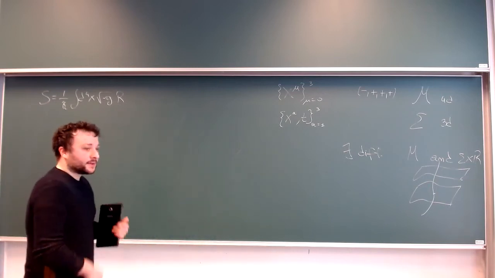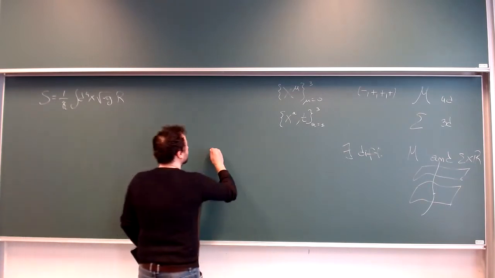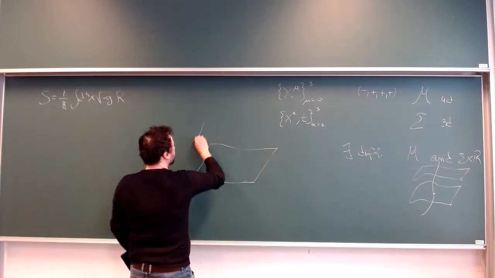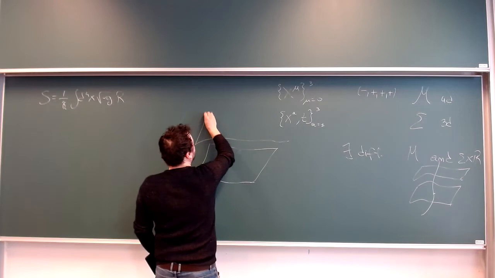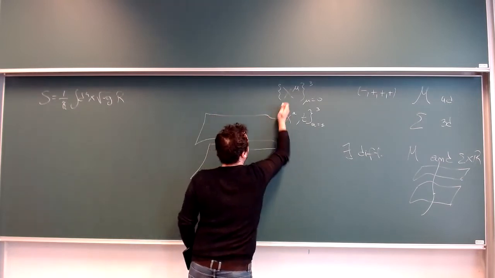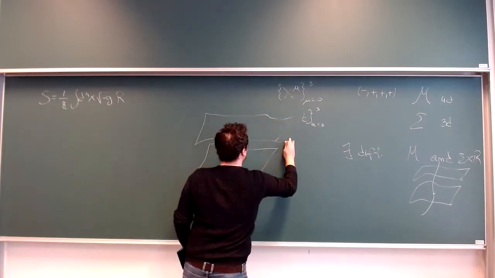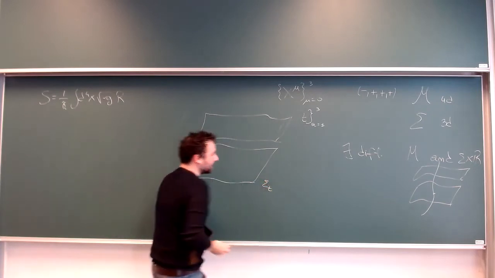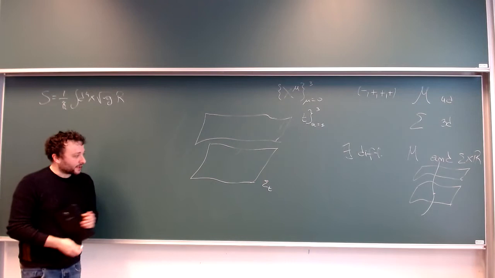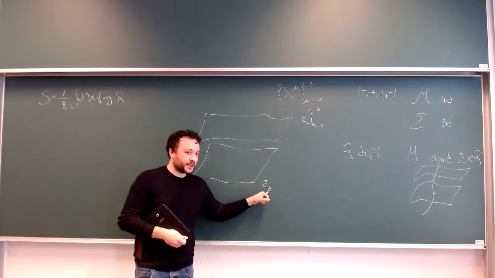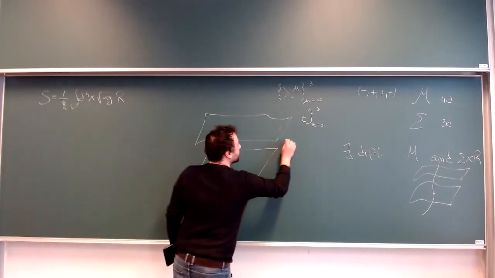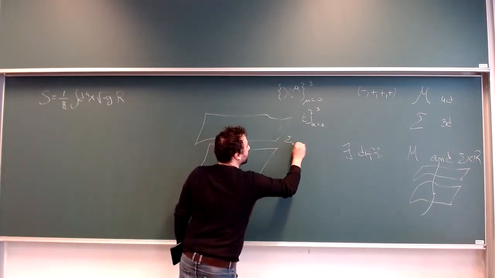So in this splitting, we draw this equation here bigger. Say this is a shape at time t, fixed t, and this is just sigma at t plus dt.